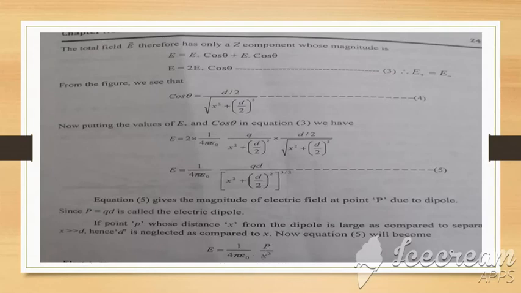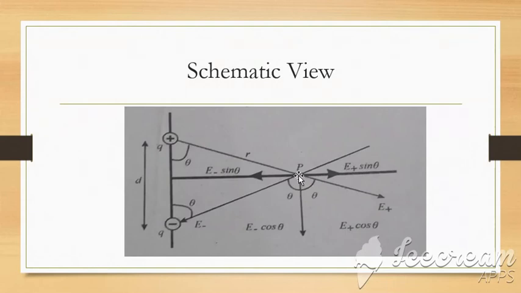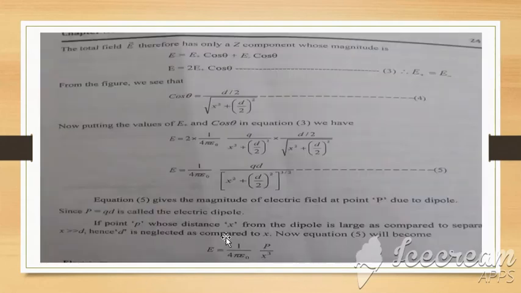This can be seen in this diagram: if P is at a large distance from this dipole, the dipole will be seen just as a simple point. So in this case, the electric field will become E is equal to 1 over 4 pi epsilon naught p over x cube.